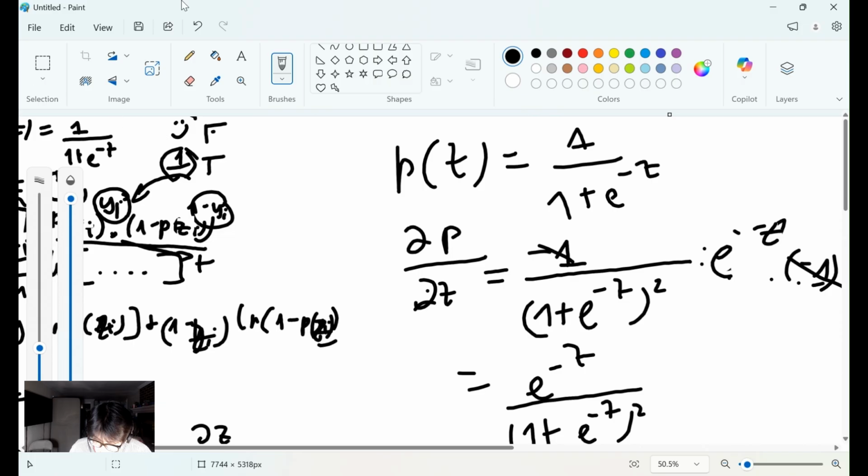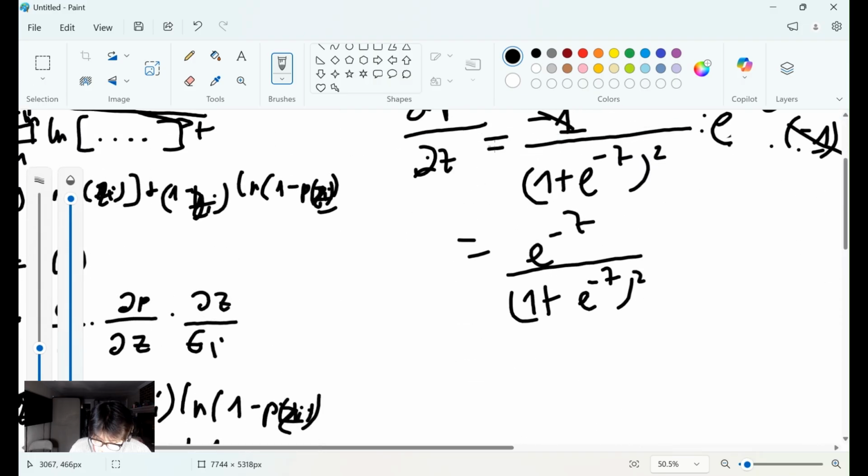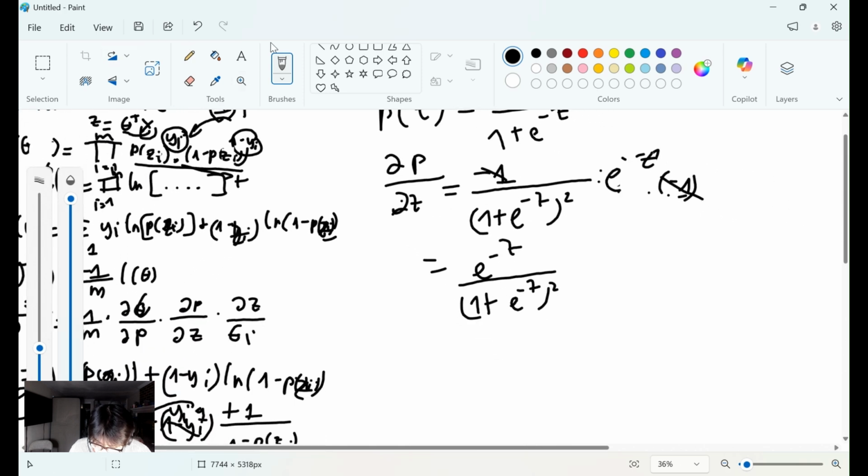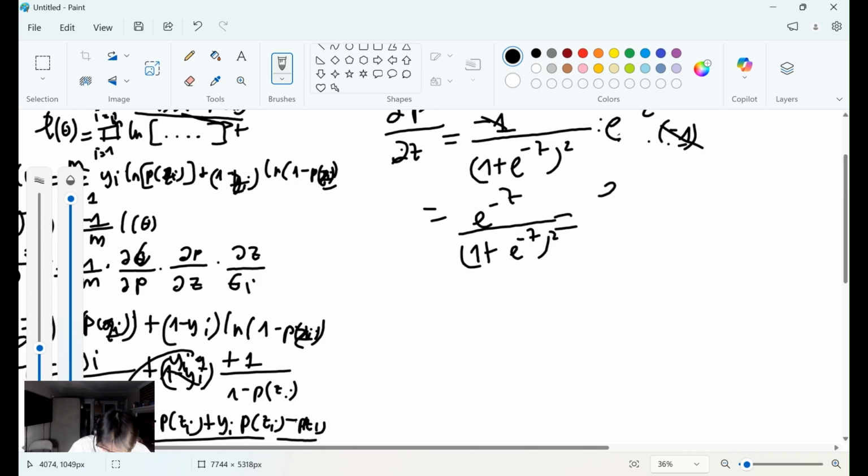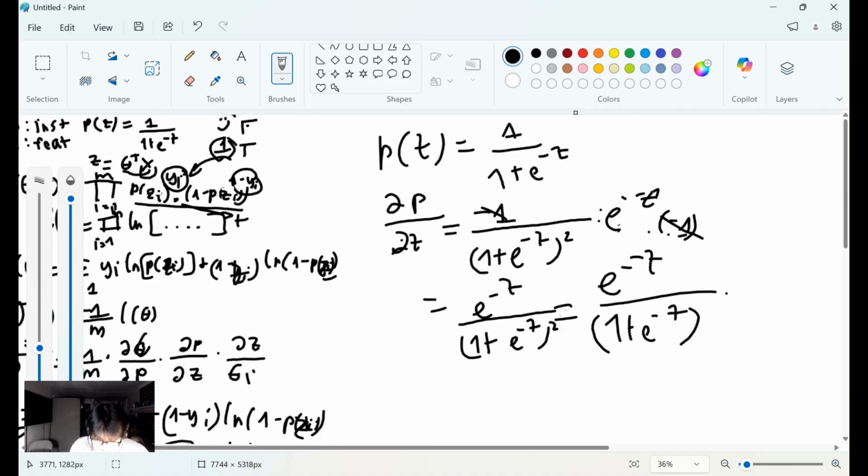And this looks quite familiar. It does look pretty familiar to me. Okay, so this is e to the power of minus z over 1 plus e to the power of minus z, multiplied by 1 over 1 plus e to the power of minus z. This is p(z), right?